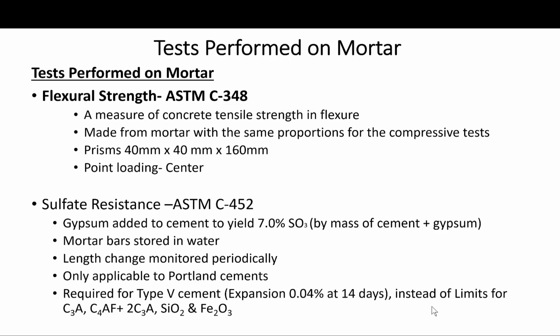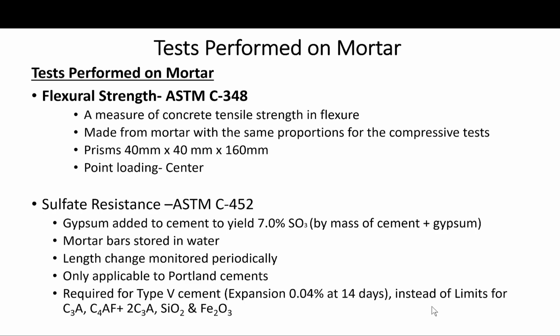After casting, the specimens are stored in water at 23 degrees Celsius, and the lengths are determined at different times. The expansion is then a measure of the sulfate resistance of the cement and should not exceed 0.045% after 14 days. Okay.